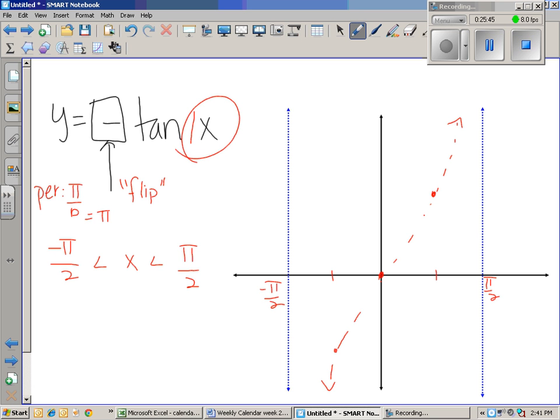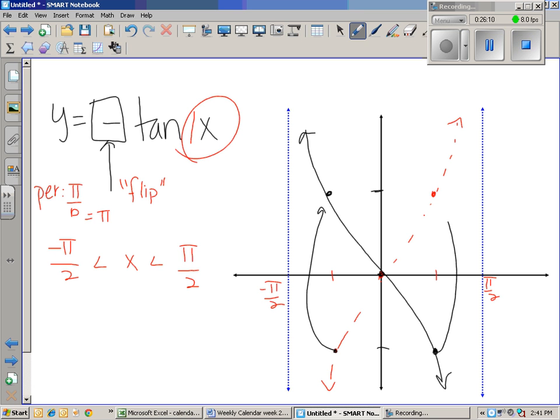because this minus sign means what was a negative value needs to become a positive value, and what was a positive value needs to become a negative value. And now I recognize that my curve goes like this. Again, we're changing the y values. This y value came up here.